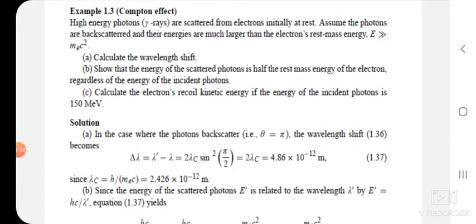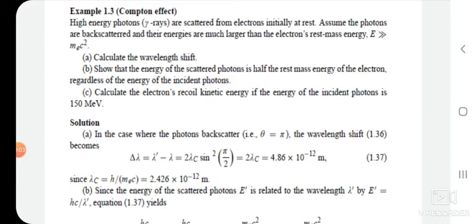Therefore, delta lambda is equal to lambda prime minus lambda, which is equal to 2 lambda c sin square pi by 2, and sin square pi by 2 is nothing but 1. Therefore, Compton shift is equal to 2 lambda c.